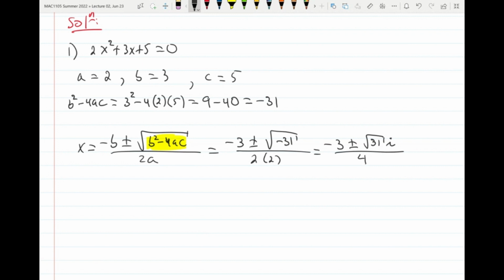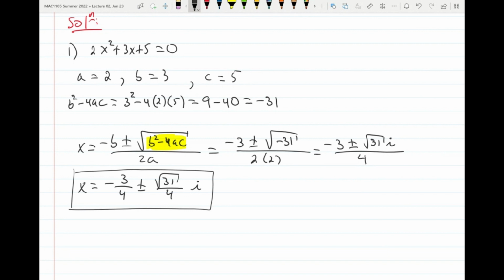You have to write it in the form a plus bi. Okay? So we get negative 3 over 4 plus or minus square root of 31 over 4 i. And those are the two solutions. Okay, questions? Did you understand this?